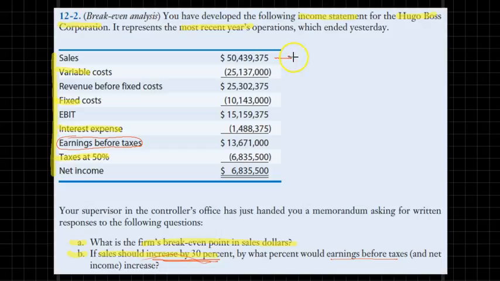So sales increasing by 30% would bring sales all the way to $65,571,187.50. So that's associated with a 30% increase in sales.